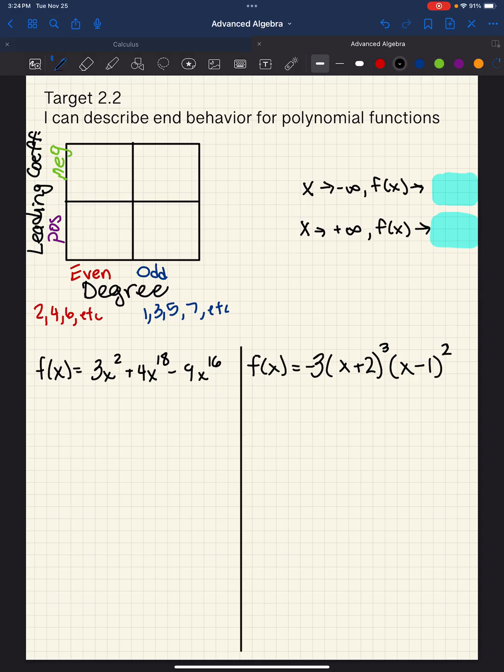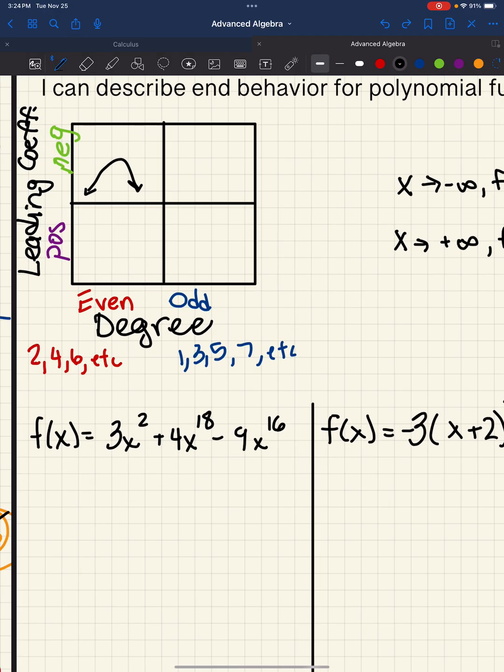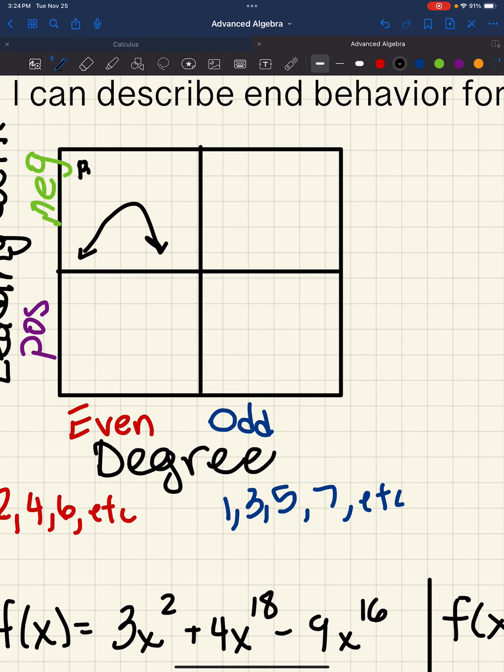So if I'm even negative, I'm going to both be down. I got a new tip to try to make it quieter, but sometimes it's harder to write. So I'm going to zoom in. Both down. See, that tapping noise can bother some students.